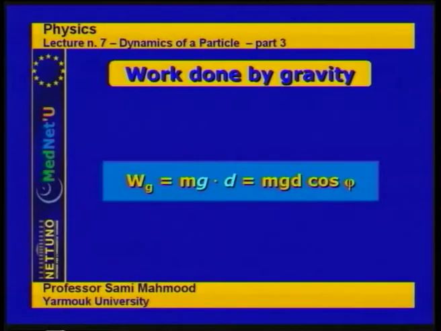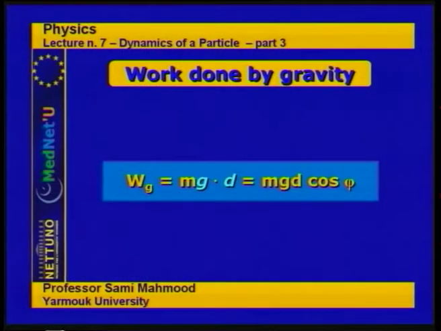This is the force by which Earth pulls on the object. This force is, as usual, a vector, which has a magnitude of mg and is directed downward towards the center of Earth.